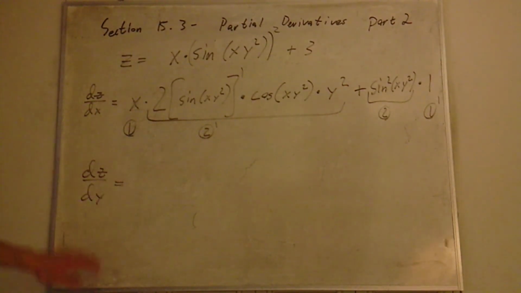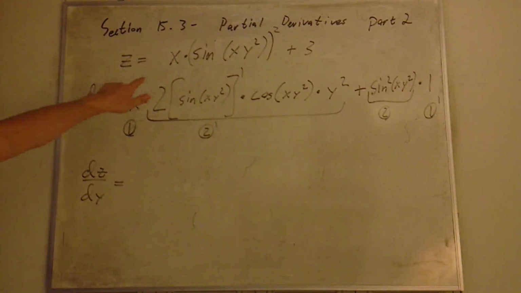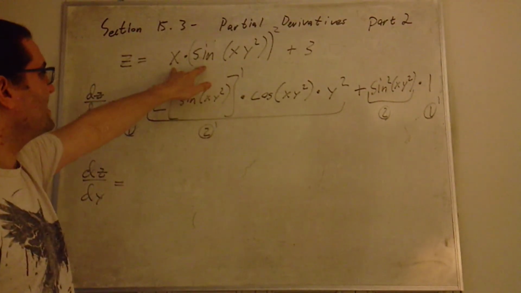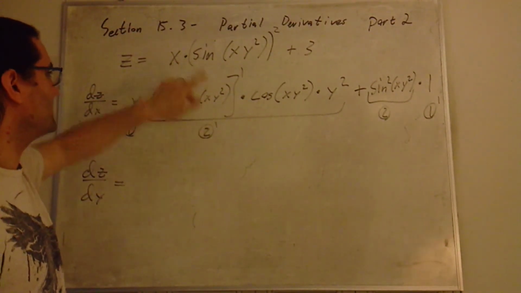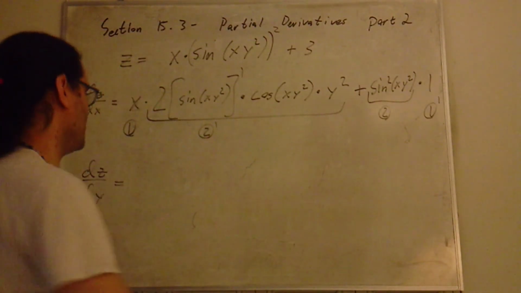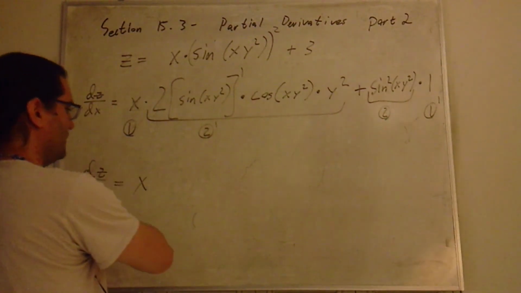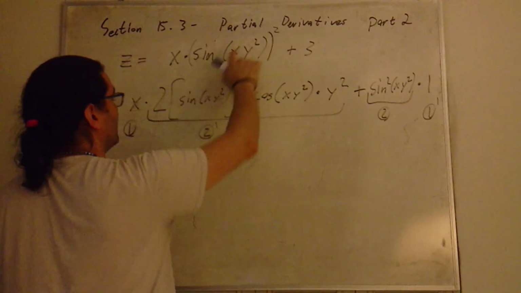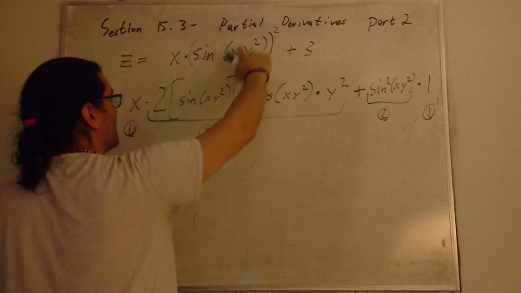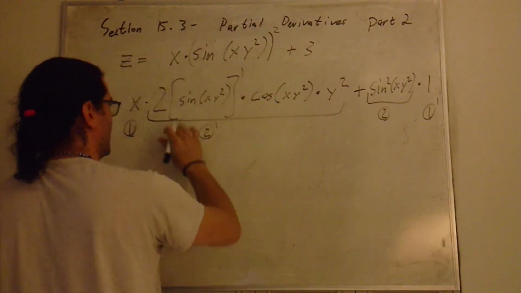Let's do the partial derivative of this with respect to y. This I think is going to be much easier because now this isn't a product rule problem anymore. Now x is just a coefficient, it's safe, I can leave it alone. I still do have to take the derivative of sine squared xy squared, and that's going to look a lot like this.